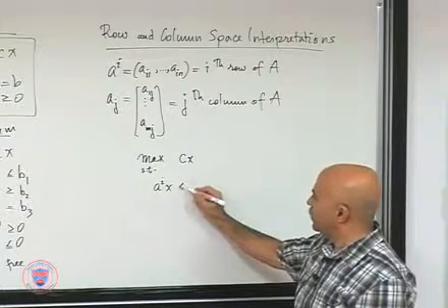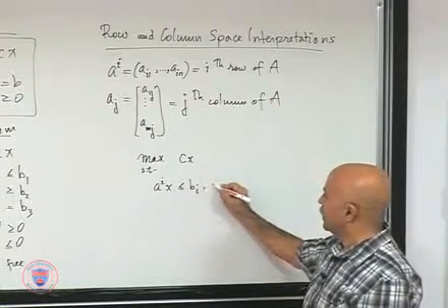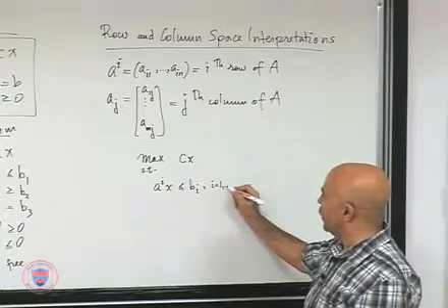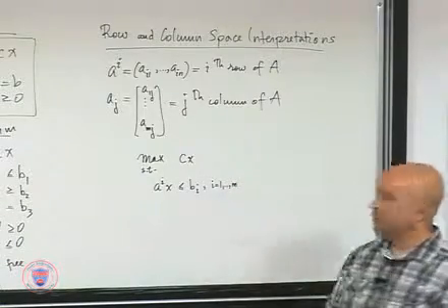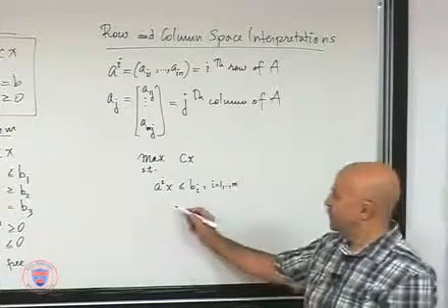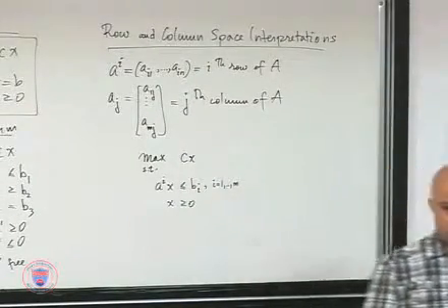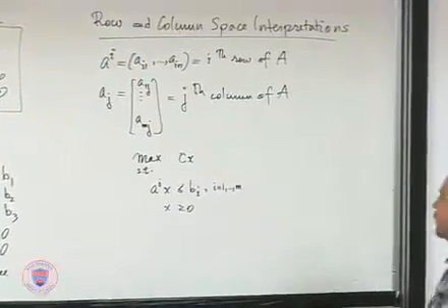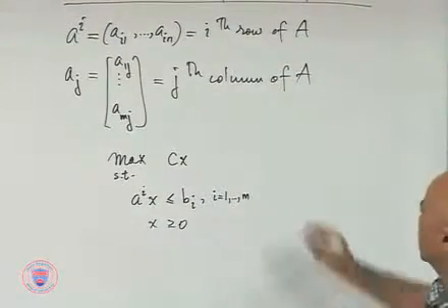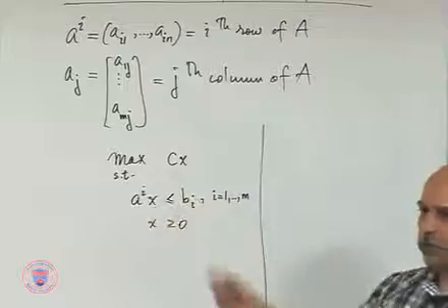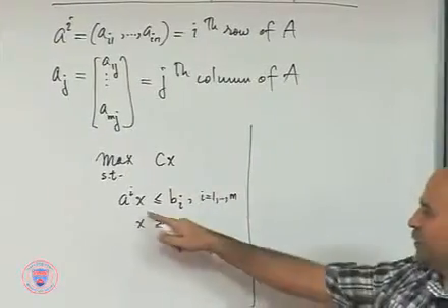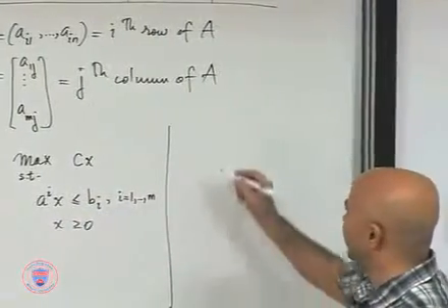And it will be less or equal b i in this case. Of course, this will be written for each i separately. Okay? With x being non-negative. This is the canonical form, maximization. And this is the row interpretation. Each row is separate, and x is like that.